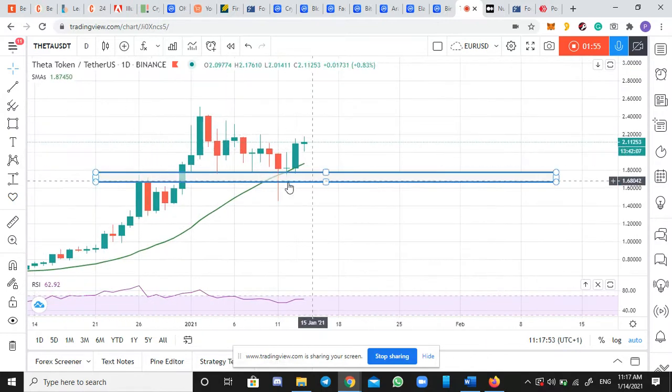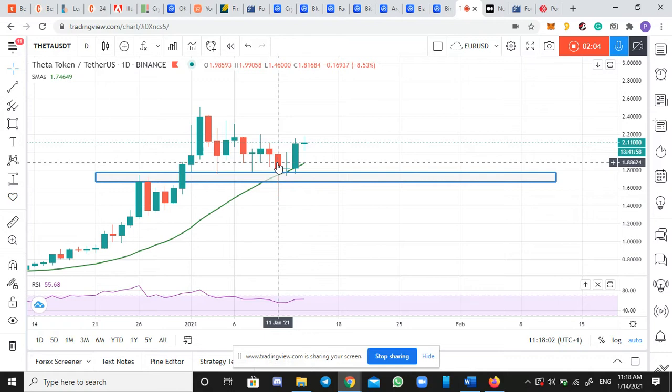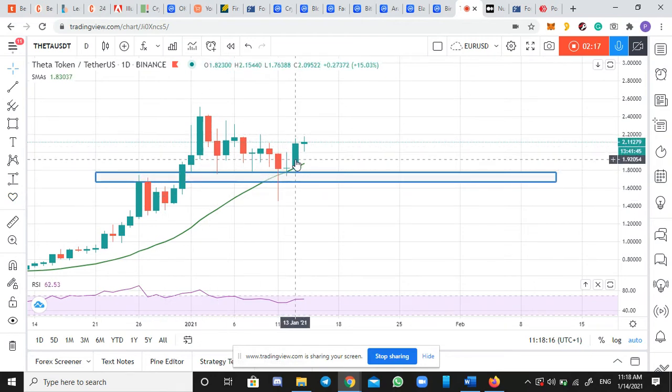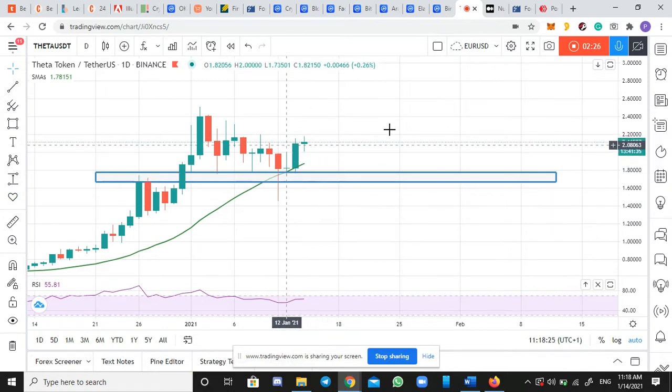Now, looking at the closest price action, price bounced off this resistance, and during the bounce off, we had a morning star pattern, which is clearly a bullish pattern. You can see that this is a good momentum candle. The momentum is very, very high, and I would expect price to still go up after such a candle.